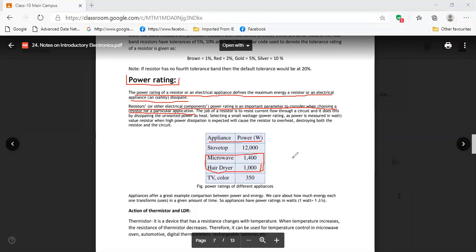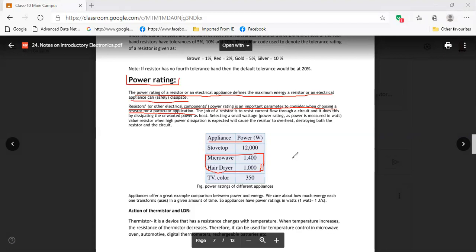Otherwise, you cannot protect your appliance properly, or make it functional according to your need. Is it clear? So that is very important for fixing the circuit breaker or the fuse in a circuit or appliance: how much power it can take, how much load it can take.